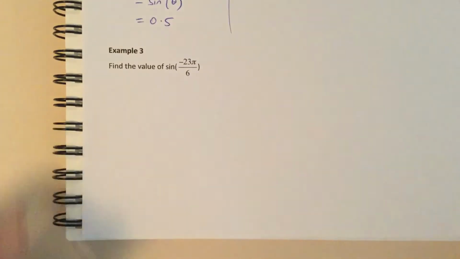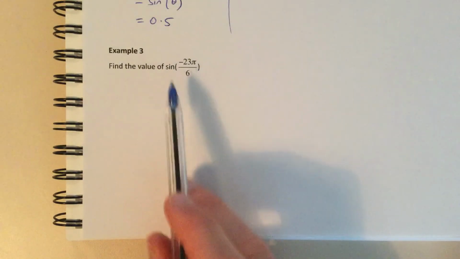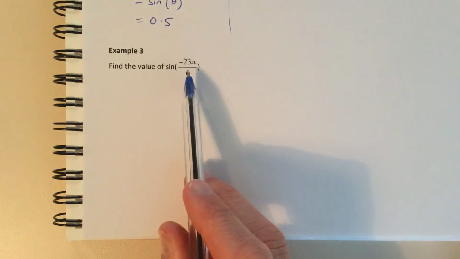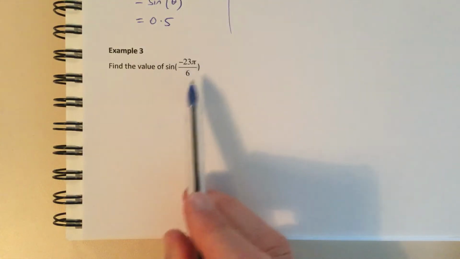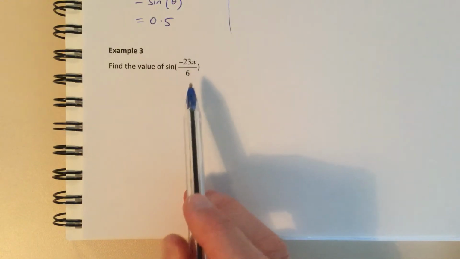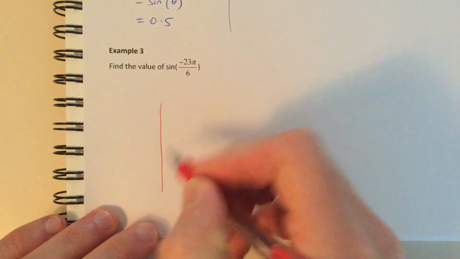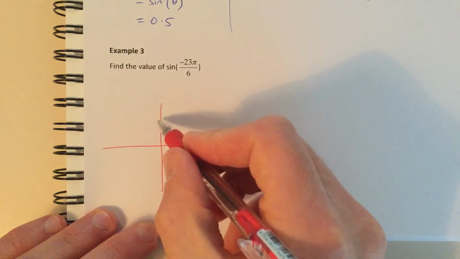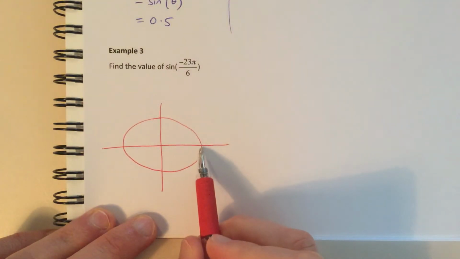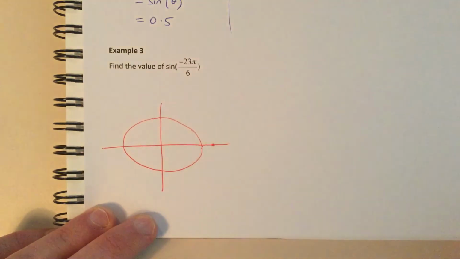And lucky last example for this section. This time we've got a negative angle, so it means we need to think almost about going backwards around the unit circle. We've also got an angle with a pretty big magnitude, I suppose. 23 pi on 6 is almost 4 pi. We're almost thinking of 2 laps of the unit circle here. So I'm going to try to draw the unit circle a bit bigger. If we imagine starting at 0, so let's use a different color.